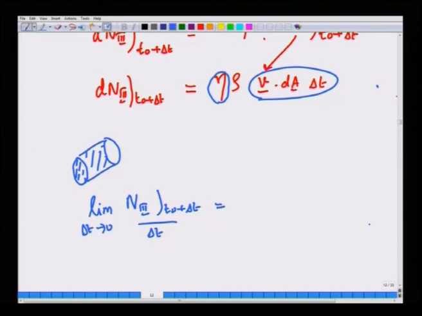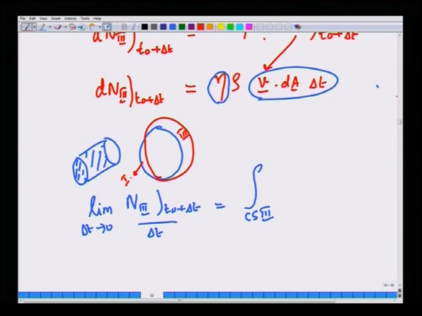That term is nothing but we have eta, and so this is dN. In order to get N, you will do an integral over the control surface, the entire control surface 3, because now if you recall, the CV and the system, this is the region 3 which is being created, this is the region 1 which is being deleted by the system due to its motion.